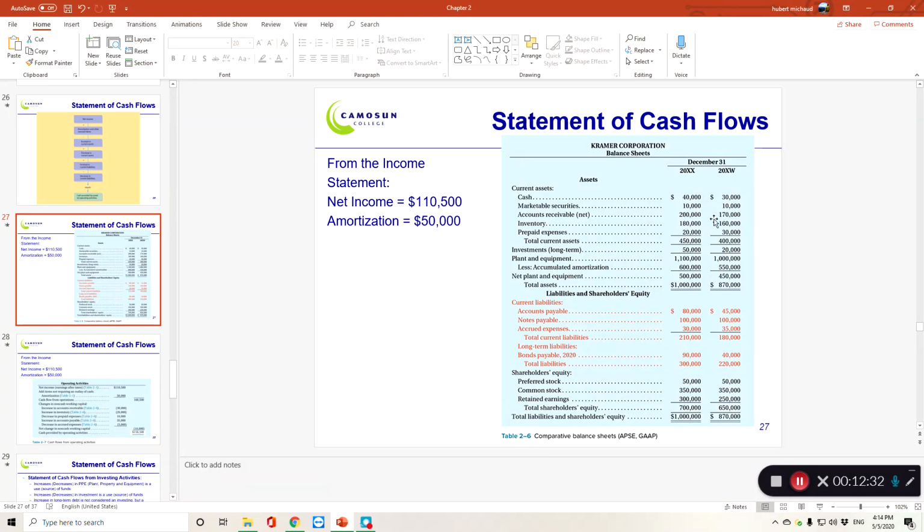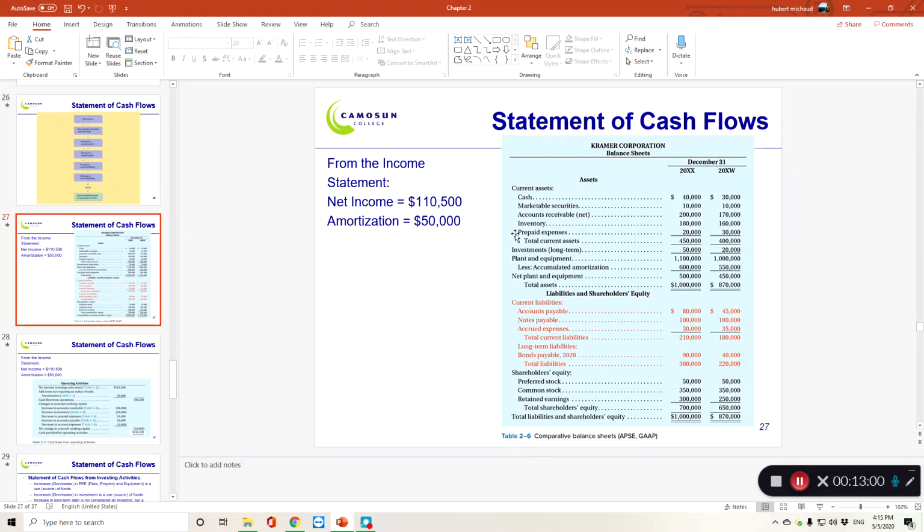So this increase of $30,000 should become a minus $30,000 when we calculate our statement of cash flow. Same thing: the inventory went up, so I bought more primary resources, right? If I bought more, I must have used cash to purchase them, so we have another use of cash here of $20,000.